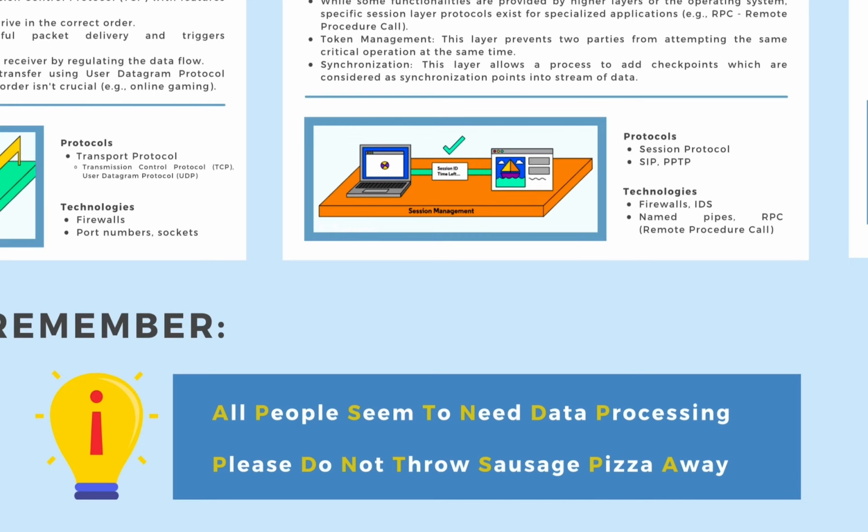So A would stand for application, P for presentation, S for session, T for transport, N for network, D for data link, and P for physical. So it's a way to remember the names of the layers. All people seem to need data processing.